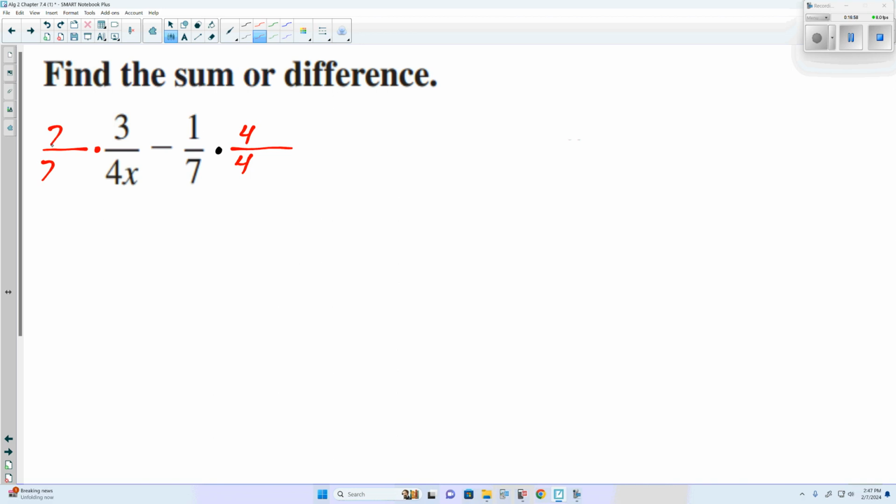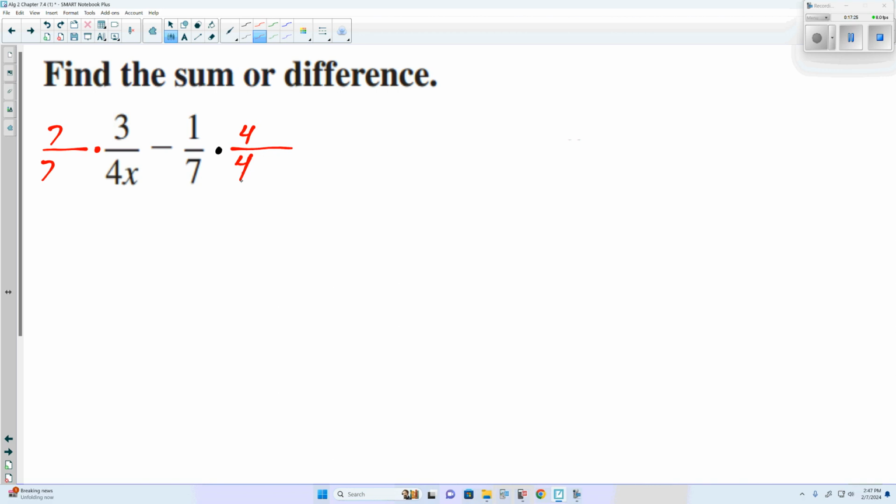The reason this works like this is because there is no greatest common factor between 4 and 7. In fact, 7's prime, 4 is 2 and 2. So there's no common factor between them, so if we multiply, we're not going to have anything repeated.